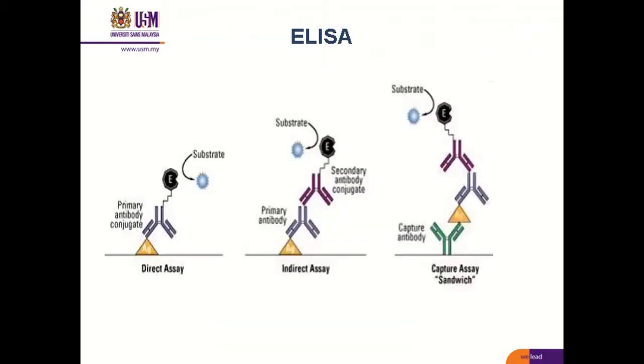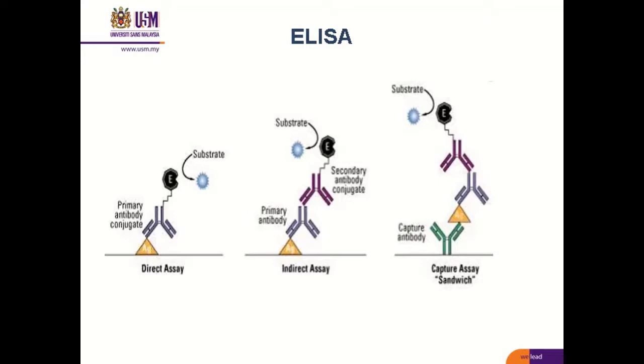There are 3 types of ELISA: the direct assay, indirect assay, and the sandwich. In the direct assay, the antigen is bound to the microtiter plate, and then we detect the antibody in the patient's serum. The enzyme cleaves the substrate and produces the color.